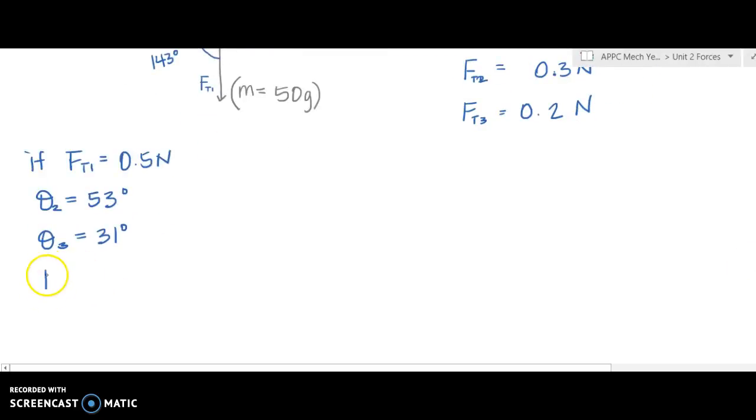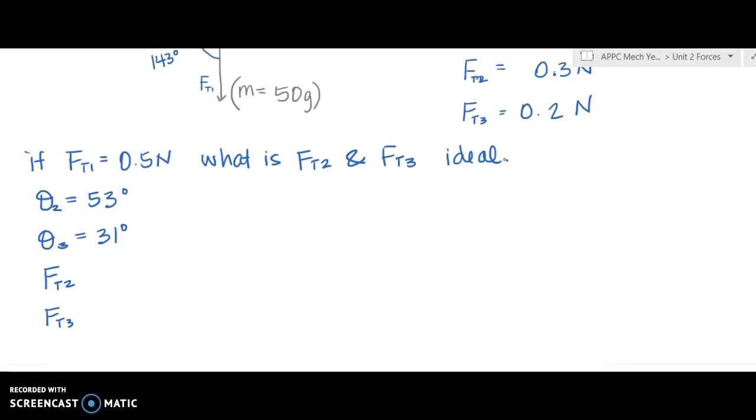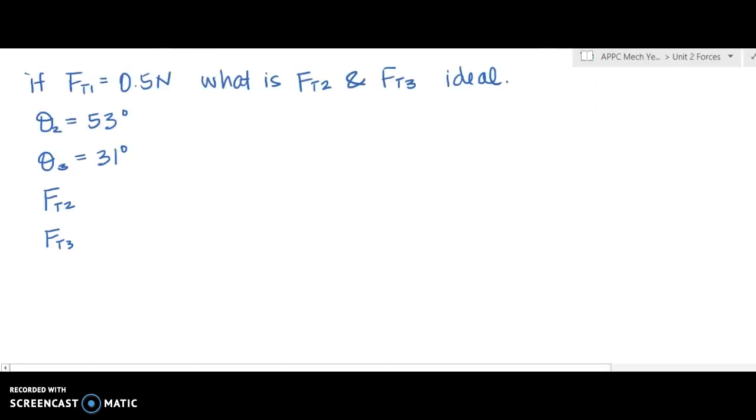Let's calculate what FT2 and FT3 should be ideally. Either I can use those forces and figure out which angles, or I can use the angles and determine the forces. I think it's a little bit easier to use the angles because we don't have to deal with all the inverse sine stuff as much. And you'll see what I mean in just a minute.